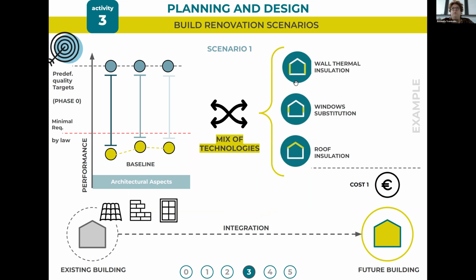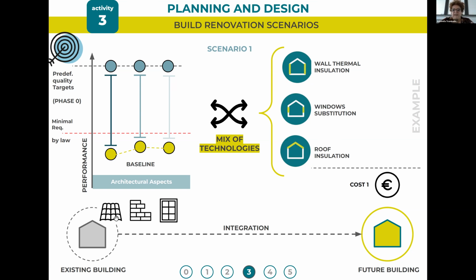For instance, we decide to point to the insulation of the wall, so the wall thermal insulation, the changing of the windows, or the implementation of the roof insulation. Selecting the technology, we analyze and we have the cost number 1. So in order to move from the existing building to the future building, we describe, we project, we design.